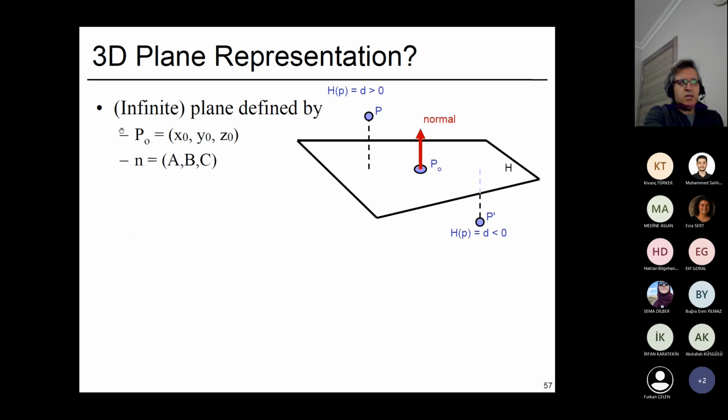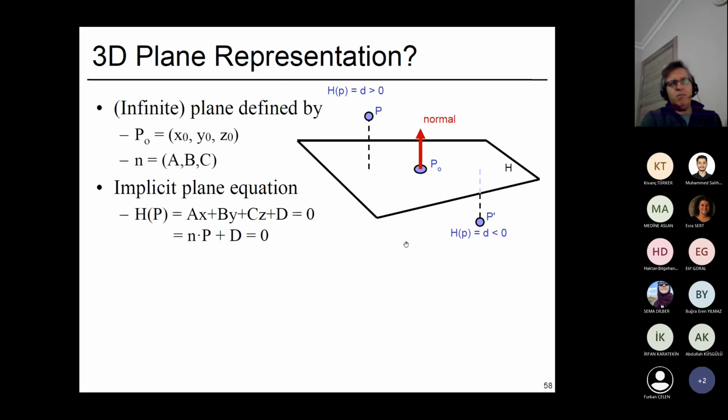Now what I can do is simply say, if my ray intersects this plane, then when I put PT here, n times PT plus d has to be 0. If this is the case, then it should actually hit this plane, right?